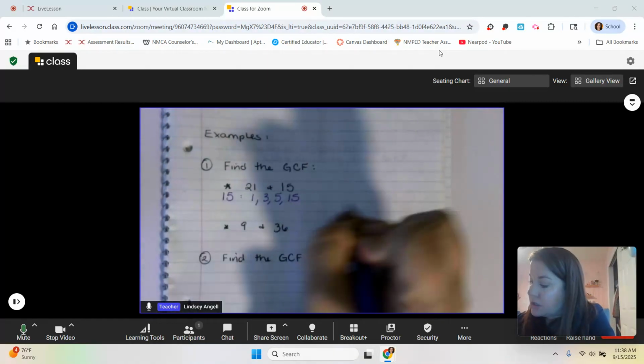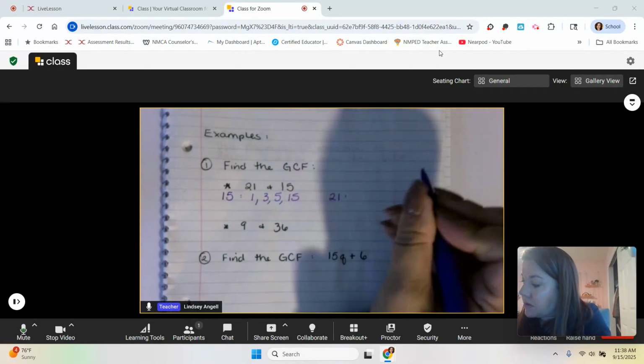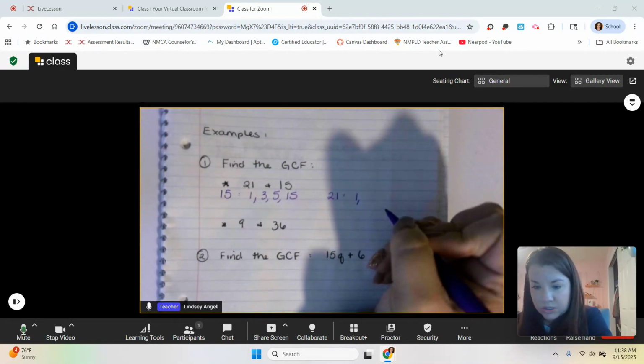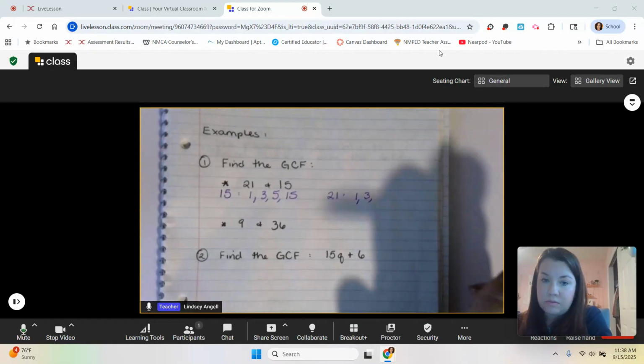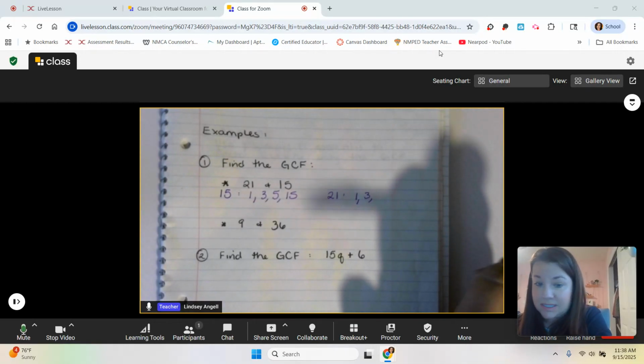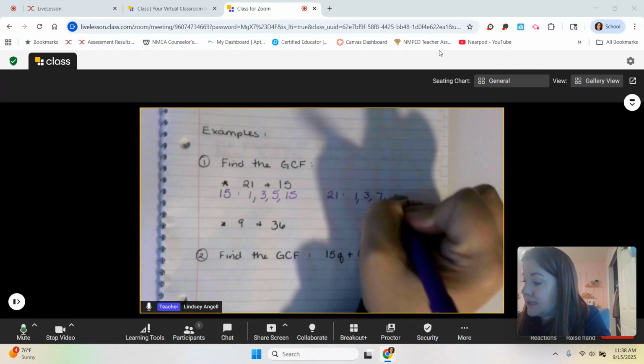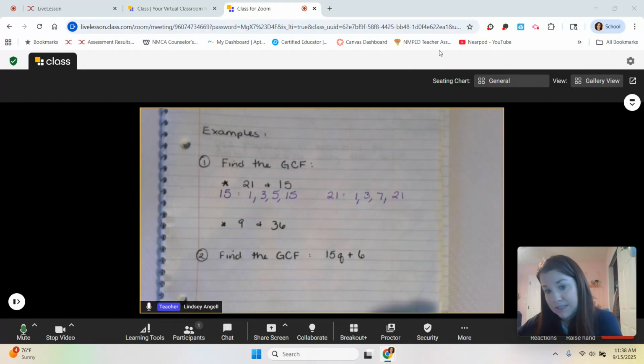For 21, 1 goes in there, 2 doesn't go in because it's not an even number, but 3 will. 4, 5, 6, none of those do, but 7 does, and the number 21 itself.